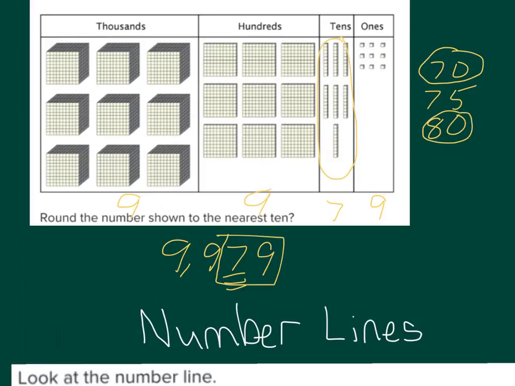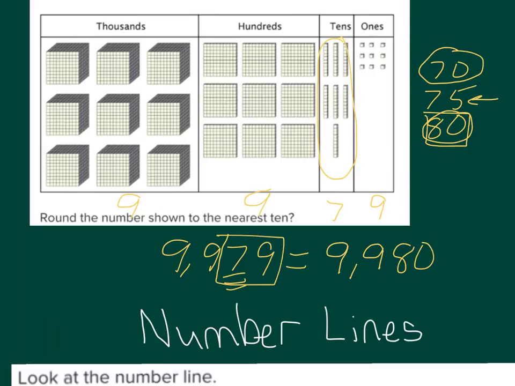So all I have to do is see which side of the middle number, 75, 79 is on. Is it above 75 or below 75? It is above 75, so it is closer to 80. So that means 9,979 rounded to the nearest 10 is 9,980.